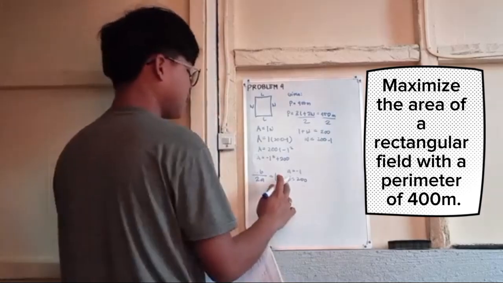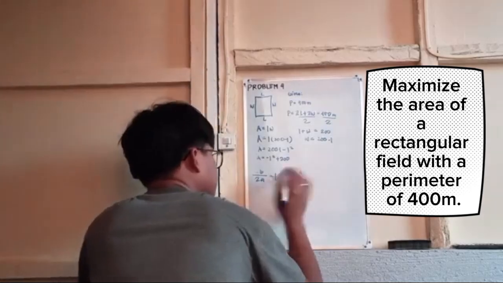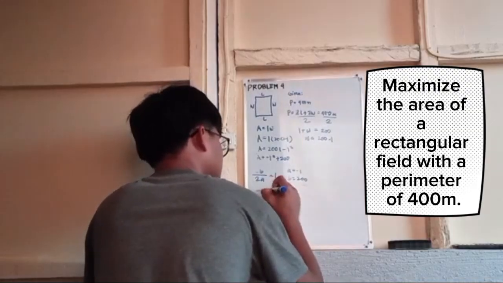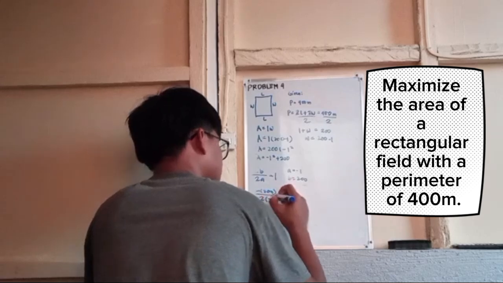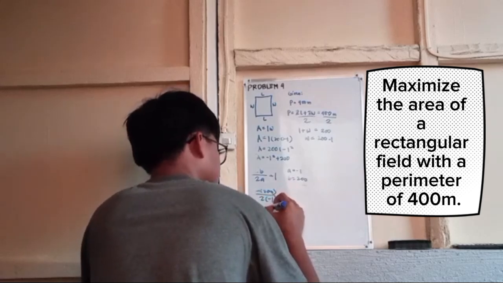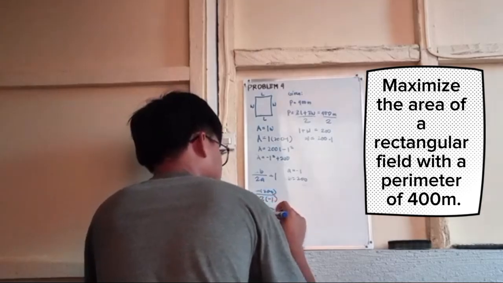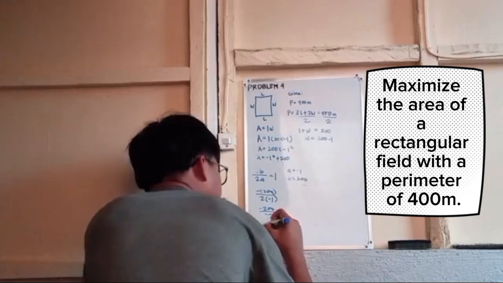So substitute the A and B into the formula of vertex. Negative 200 over 2 times negative 1, and we will get negative 200 over negative 2, which is equal to 100.